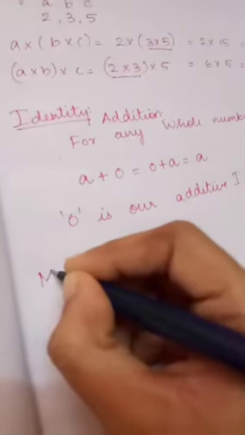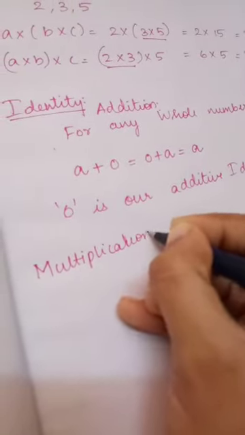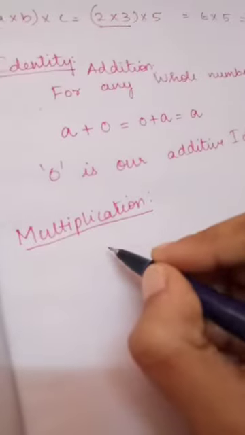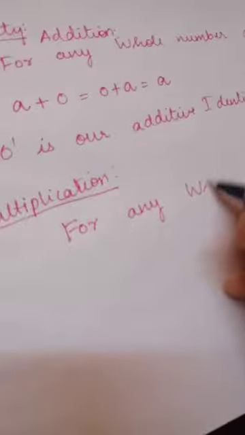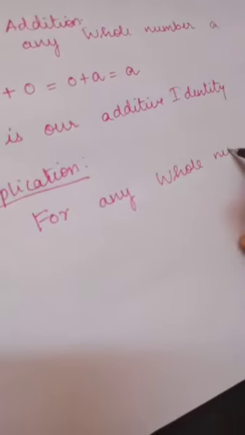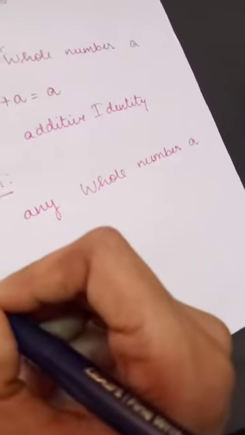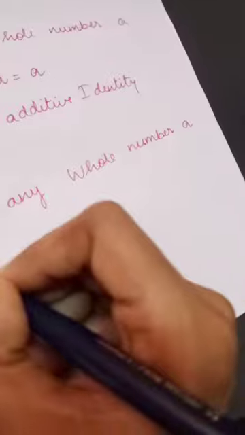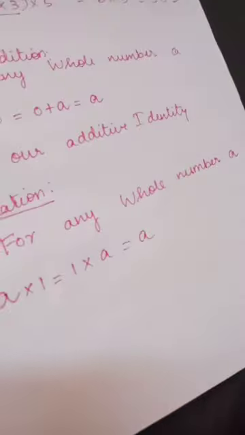Likewise, we have it for multiplication also. For any whole number A, I am multiplying that whole number with 1, and I am getting the same whole number.